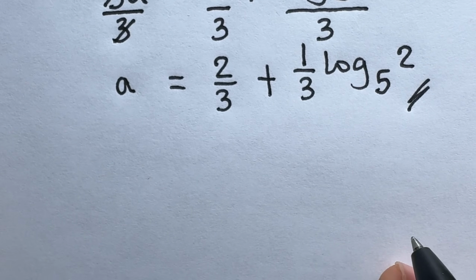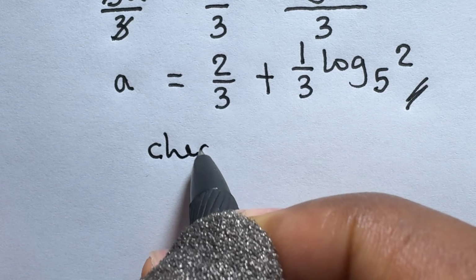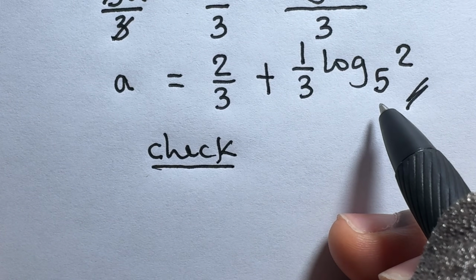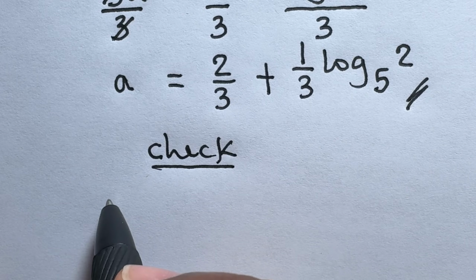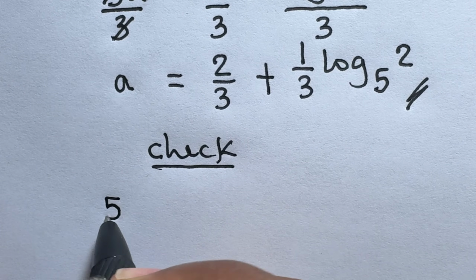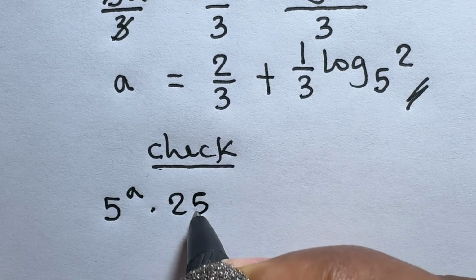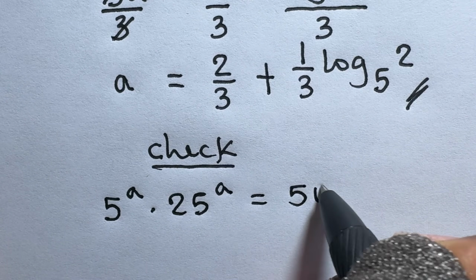The next thing I'm going to do before I conclude will be to do a quick check to confirm that this solution is correct. To do that, we need to substitute this value back into the given problem, which was 5 raised to power a times 25 raised to power a equal to 50.